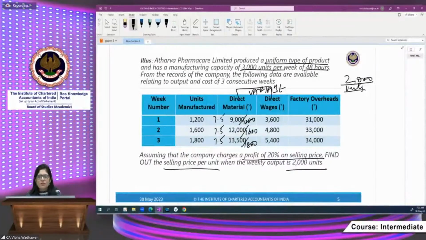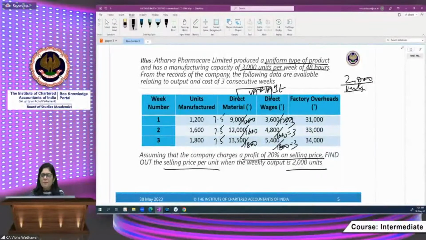Similarly, for direct wages, 3,600 divided by 1,200 comes to 3. 4,800 divided by 1,600 comes to 3. 5,400 divided by 1,800, cost divided by units, comes to 3. So whenever per unit cost is the same, that means it's a variable cost. So direct material and direct wages are variable.